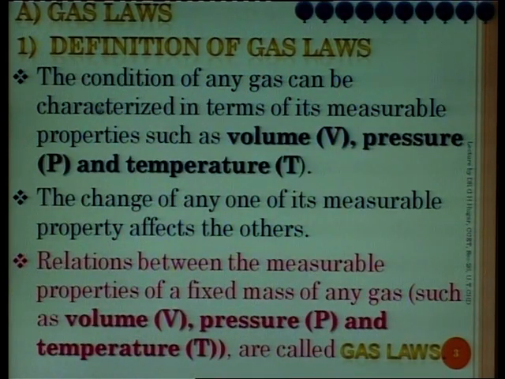As we know, the condition of any gas can be characterized in terms of its measurable properties such as volume, pressure and temperature. The change in any of its measurable properties affects the others.